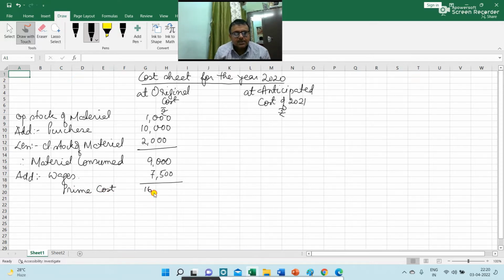Add factory overhead 4,500. So works cost Rs 21,000.